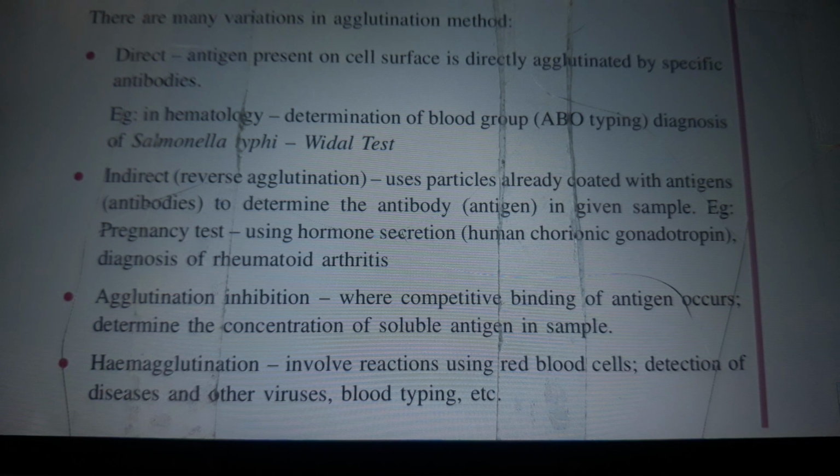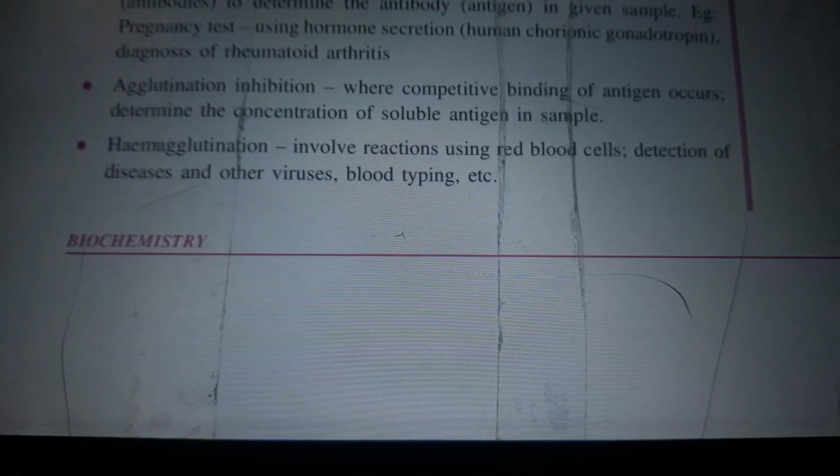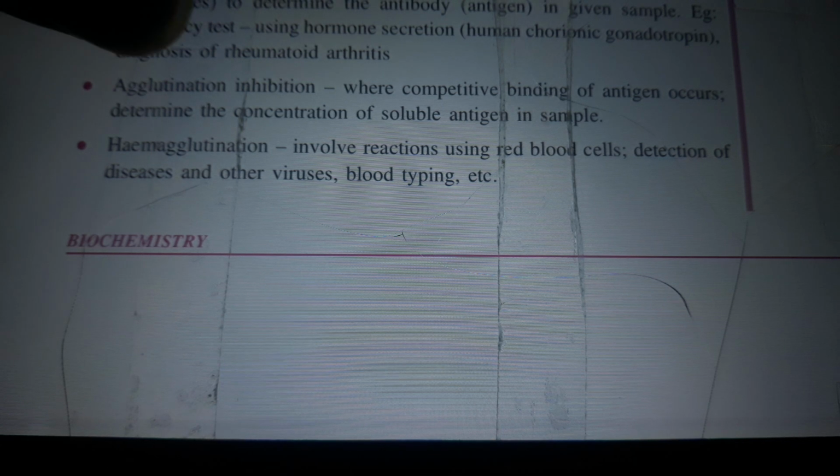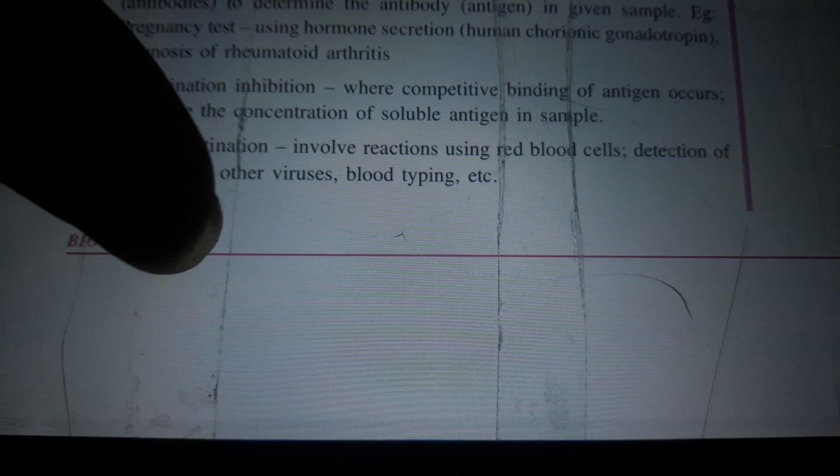Examples: pregnancy test using the hormone secretion human chorionic gonadotrophin, diagnosis of rheumatoid arthritis. Agglutination inhibition, where competitive binding of antigen occurs, determines the concentration of soluble antigen in a sample. Hemagglutination involves reactions using red cells, detection of viruses, blood typing, etc.